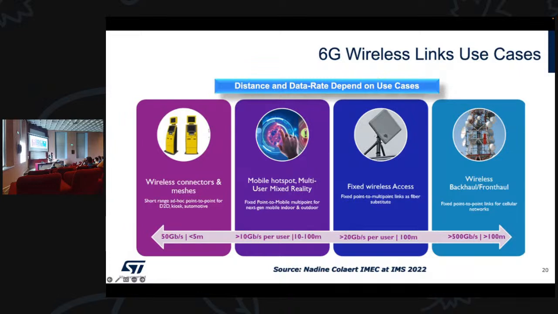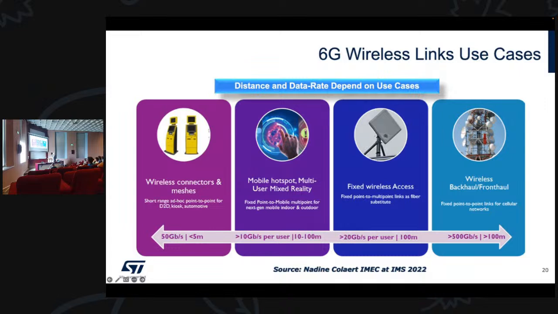Wi-Fi today is not a cellular application. It is an indoor application, and you then have to go to the cables and to go outside. The fixed wireless access will be a cellular approach, but it will also connect your laptop, everything. The data rate in that case should be 20 gigabit per second and the distance 100 meters.